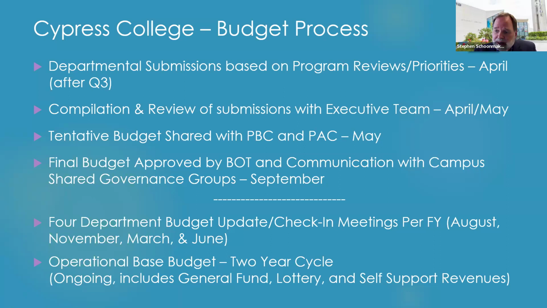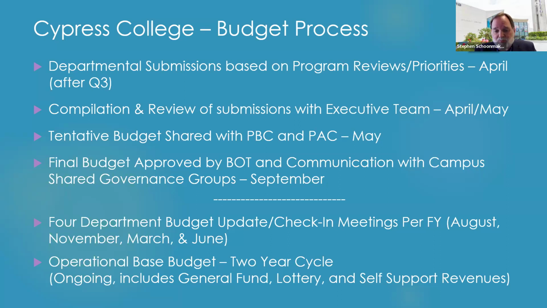And then we start a departmental budget manager submission process based on those program reviews and priorities. After the third quarter, which ended in March, we share information with budget managers of the last 3 years of expenditures, and then an opportunity for each budget manager to look at what submissions they would make for building the budget for the following year. Then we compile those and we review those with the executive team, PVC, and PAC.